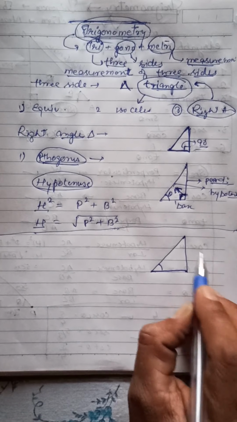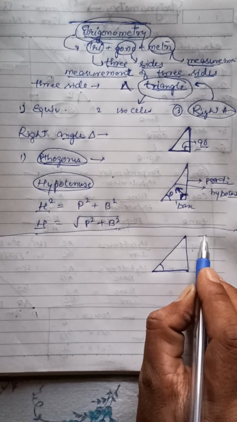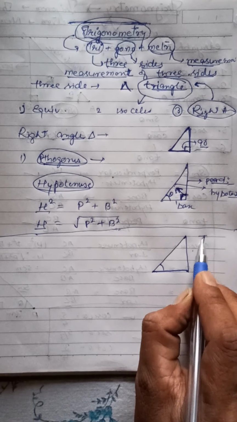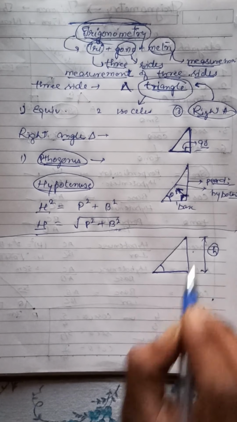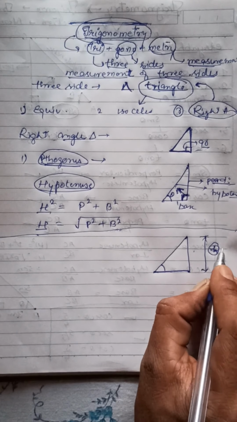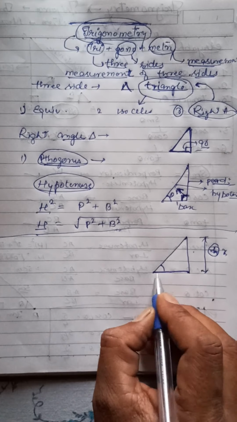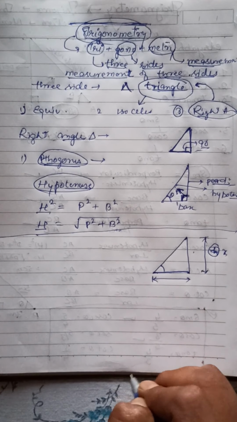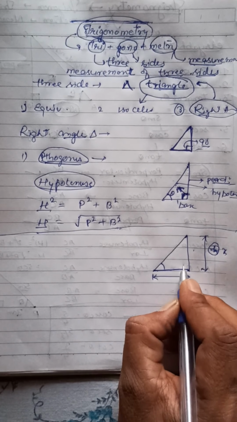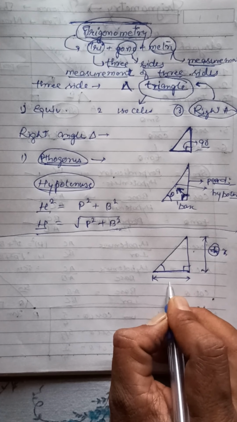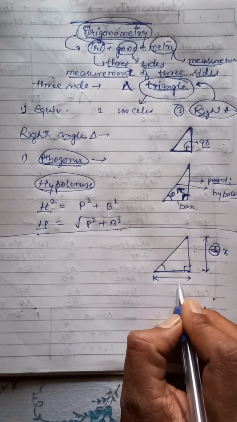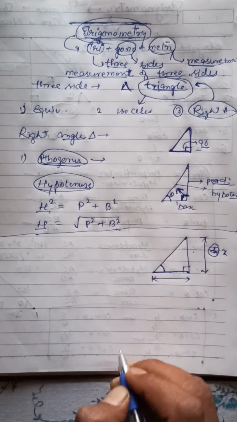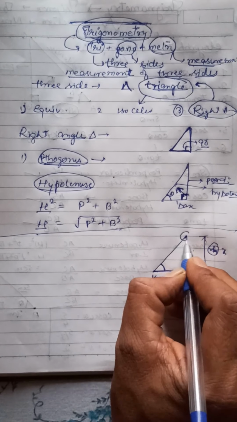Consider this is the Burj Khalifa. We don't know the height of the Burj Khalifa; let it be h or x. We can measure this side, the road side, which is the base. And we can measure the angle to the top of the Burj Khalifa.